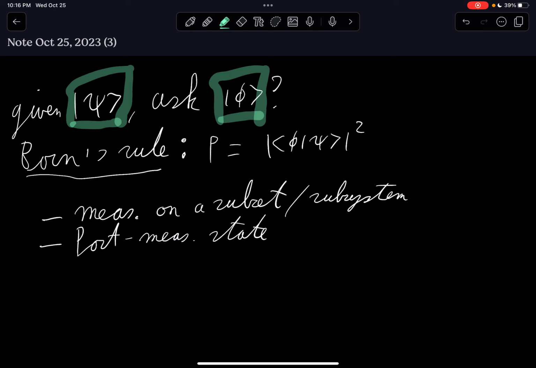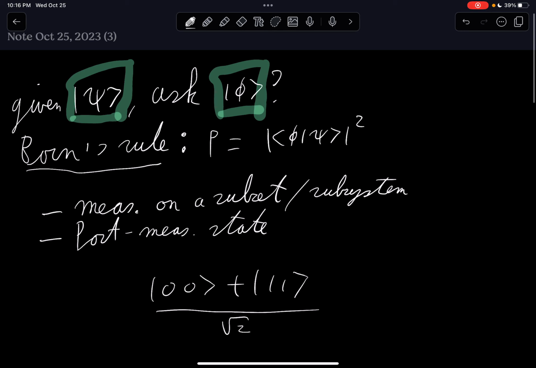But it becomes a bit more tricky if I have a state like this. So I take now this maximally entangled state that we saw in the last video. And now I might ask the second qubit, oh, are you plus? And if I get the outcome yes, then I might be interested in what happens to my second qubit.